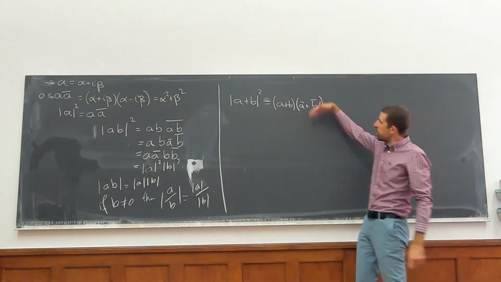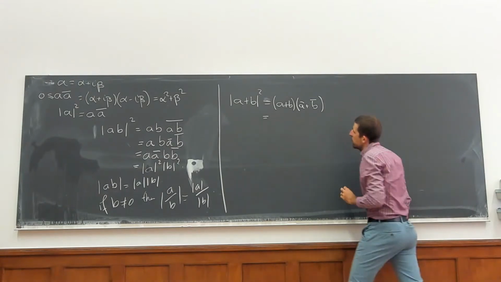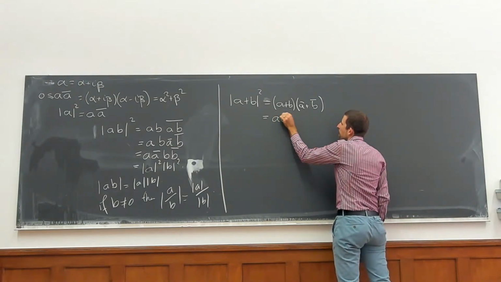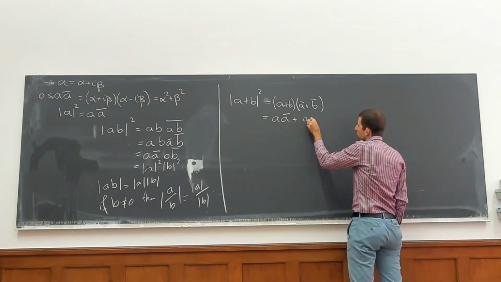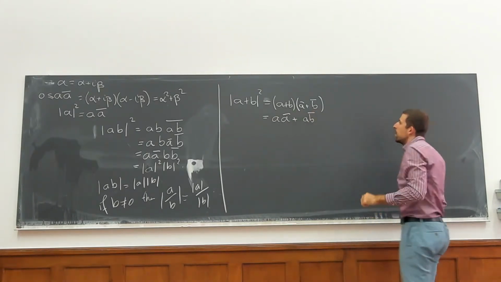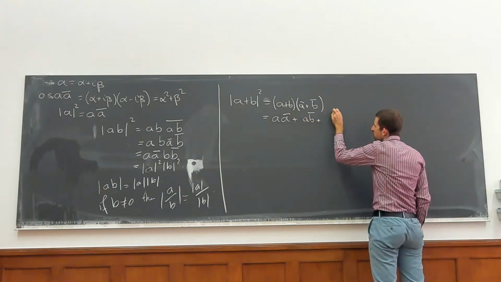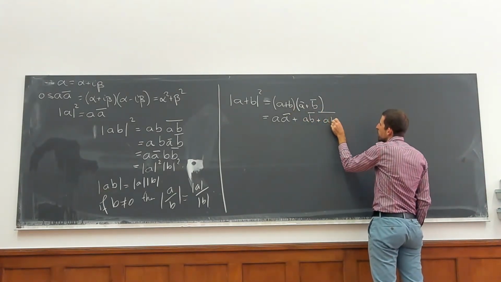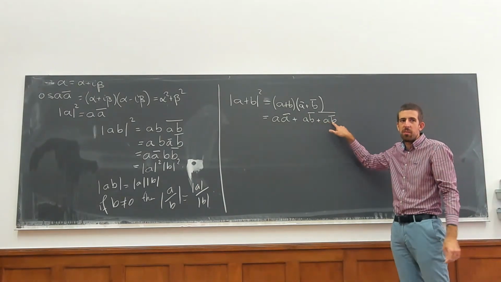I get A plus B bar, but I can make the bar go inside the sum. Then what is this? I get A A bar plus A B bar plus B A bar, but this is just the conjugate of A B bar, right? There's maybe an awkward way of writing it, but so I have the same thing here.